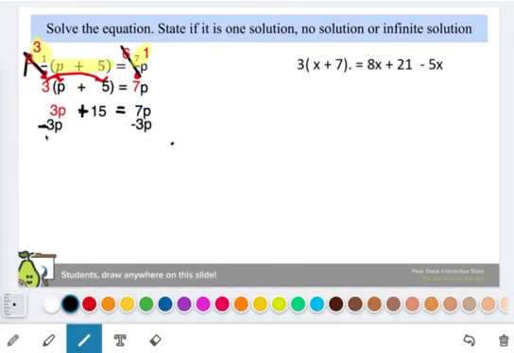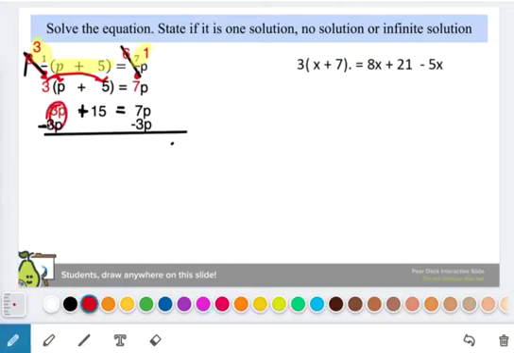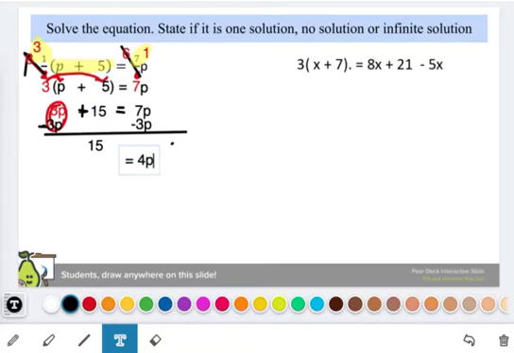Alrighty. And here's 0 plus 15. 0 plus 15 is 15. Okay, and then equals to 7 minus 3, which is 4. Bring down the p and divide by 4 last.